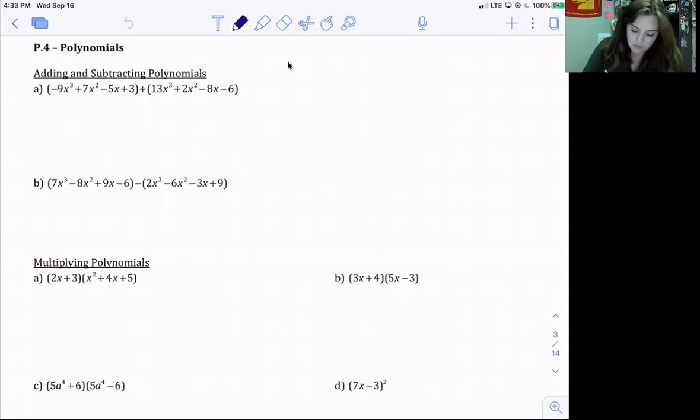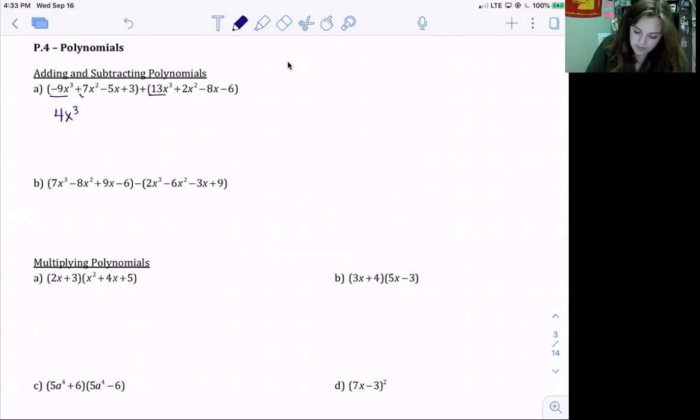So looking at A, we have the quantity of negative 9x cubed plus 7x squared minus 5x plus 3, plus the quantity of 13x cubed plus 2x squared minus 8x minus 6. So we're going to combine. We have negative 9x cubed can be combined with 13x cubed to give us 4x cubed.